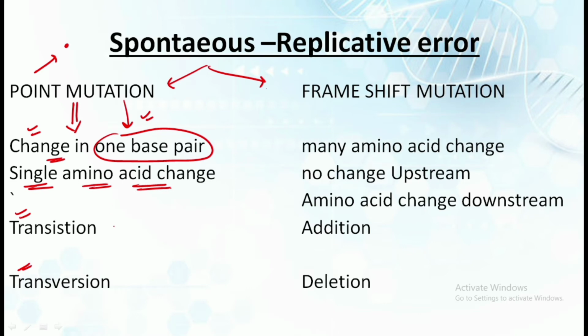Transition occurs when a purine gets converted to a purine because of the point mutation, or when a pyrimidine gets converted into a pyrimidine only. What does this mean? What are purines and pyrimidines in the first place? They are types of nucleotide bases, and these nucleotide bases help to form the complete DNA molecule with the help of other components also.